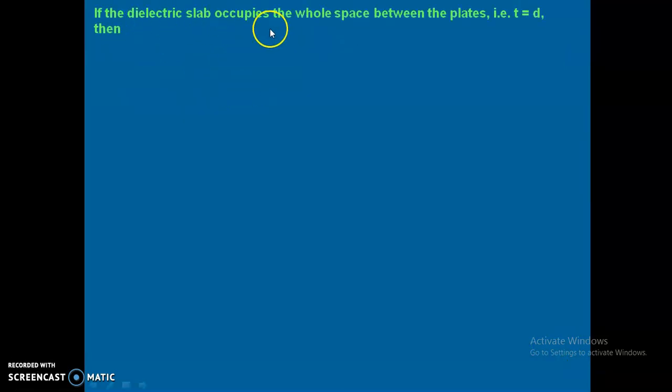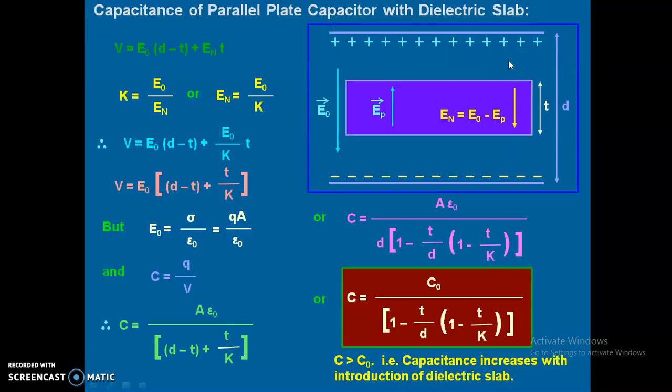If the dielectric slab occupies the whole space between the plates, obviously, as you see in the previous slide, then the thickness t will be equal to the whole d. So in place of t we will write d, either here, here or here.